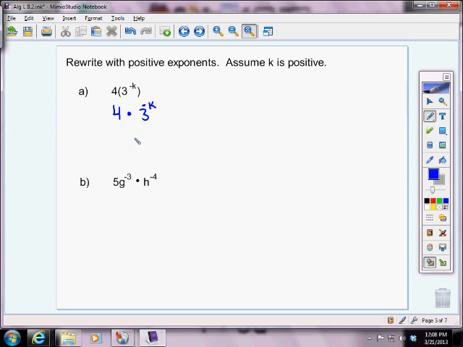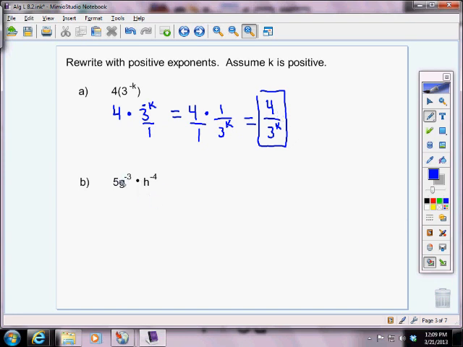So work each part individually. 4 times, remember if we take the reciprocal of this, we get 1 over 3 to the k. Now if we multiply these, this ends up being 4 over 3 to the k. Don't change it to a mixed number or anything, just leave it as 4 over 3 to the k. Okay, and that is as simplified as we can make it.